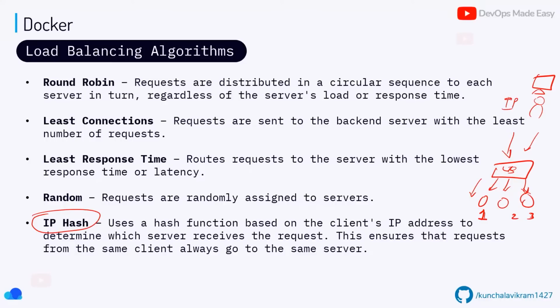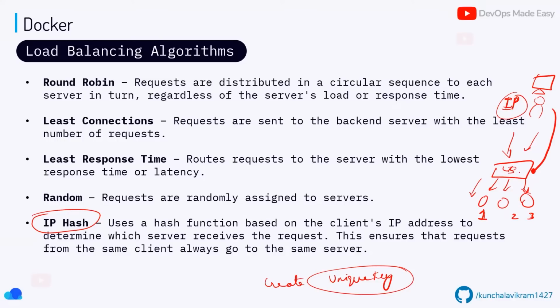Now, if I try to reach the load balancer from my own device, what this load balancer can do is create a unique key. I'm just talking about this unique key, I've just created the term. So it might create a unique key using your information like the IP address of your machine or your location or something like this.